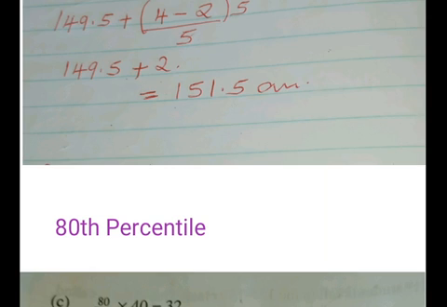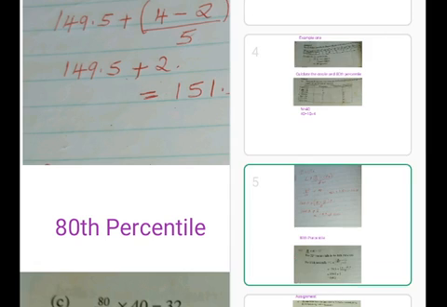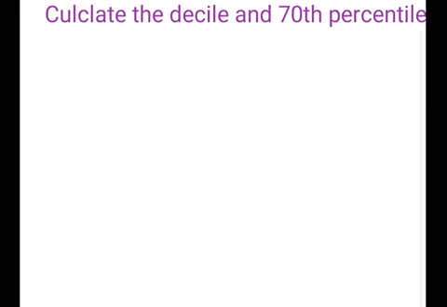An assignment for you. You have the data. The data below shows the time taken by 30 athletes who took part in 400 meters heats during a school sports day.